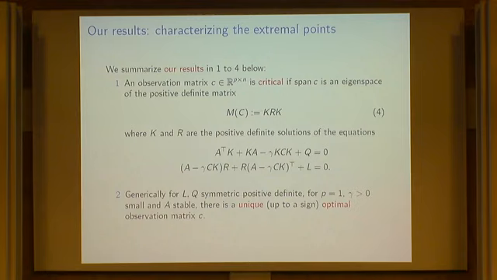I'm going to say a few words about the unstable case, but this assumption of stability here is actually quite important. If A is not stable, the problem becomes far more complex in a way that we understand, but it will be difficult to solve for everyone when A is unstable. So there is a unique optimal observation matrix. So this is already better news.